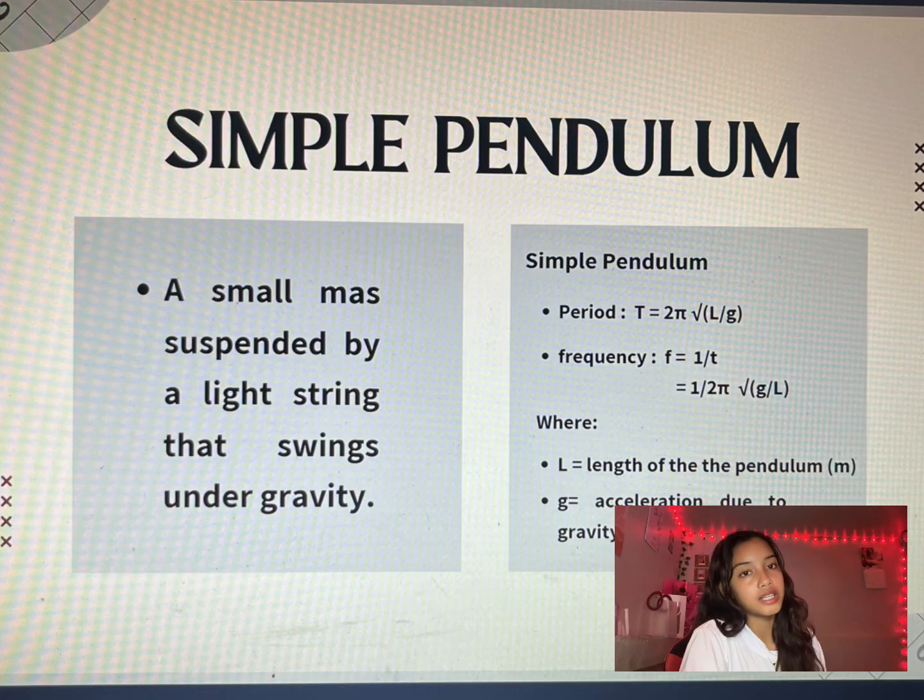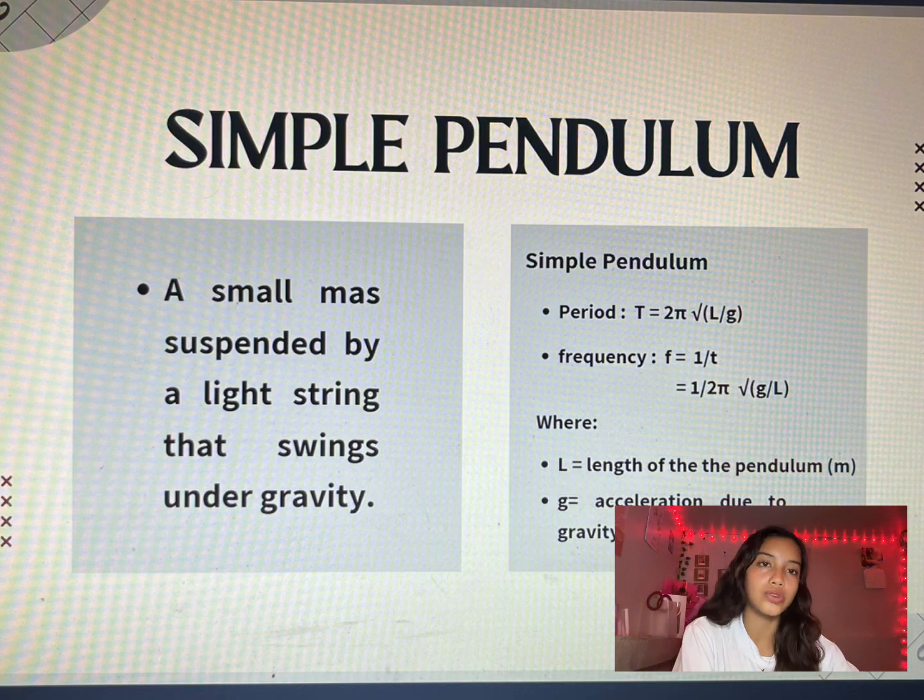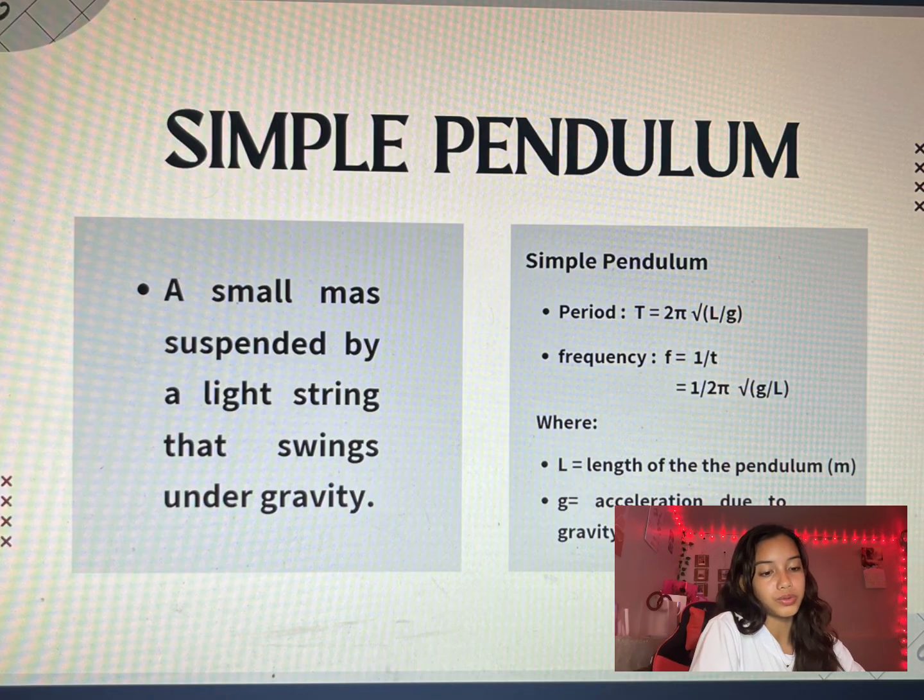The period formula is T equals 2 pi square root of length over gravity, while the frequency is f equals 1 over T, where L is the length of the pendulum and g is the acceleration due to gravity, 9.8 meters per second squared.